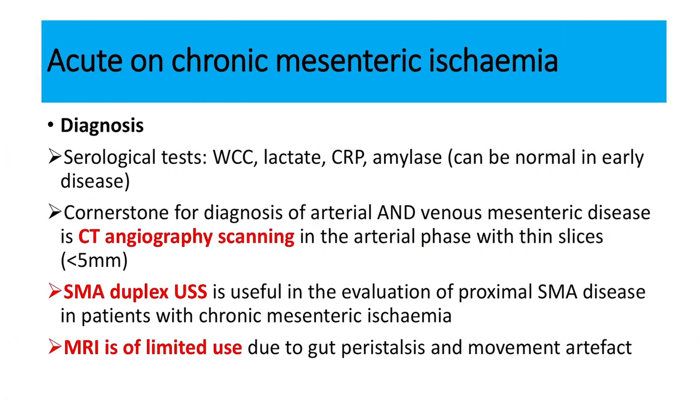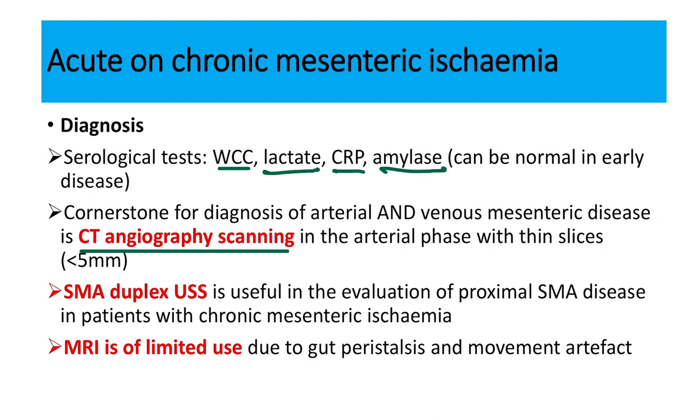How can we diagnose the condition? There are different options, but the most important diagnostic option is CT angiography. It gives details about the mesenteric ischemia, but other tests such as white blood cell count, serum lactate, CRP, and amylase can be done.